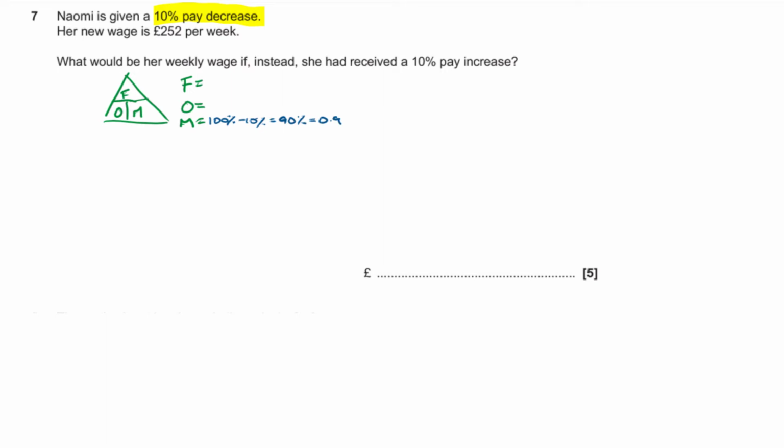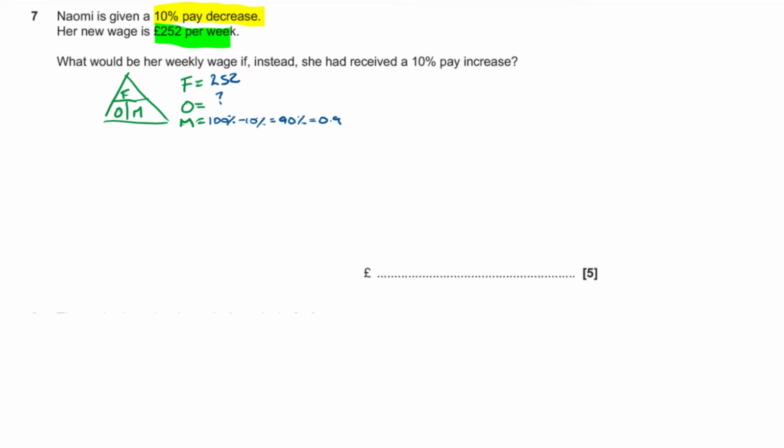Okay, her new wage is 252. Is that the final? Is that the original? Well, final comes after the original, and it's a new wage. So she had an old wage, which was the original, and we now have a new wage, which is the final. So that is 252. So it's the original we're trying to find then, isn't it?